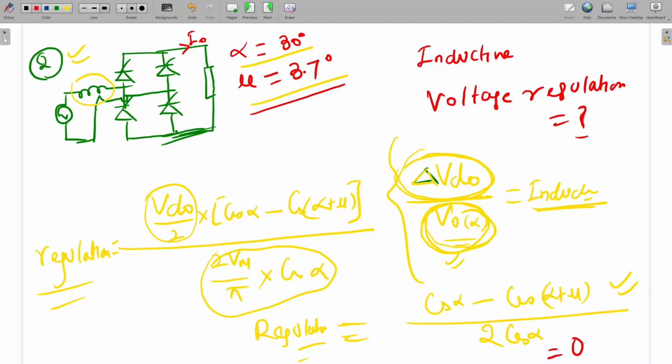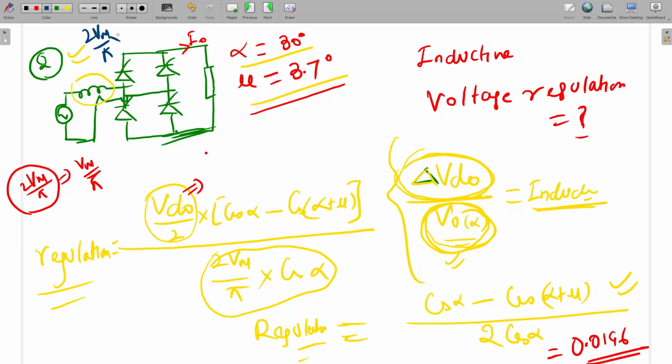Sir, I have one doubt. Okay, you can ask. Sir, how did we get cos alpha minus cos alpha plus mu by 2 cos alpha? Is there any cancellation? See, here VD0 by 2 means, what is VD0 for this one? VD0 at alpha equal to 0 is 2 Vm upon pi.